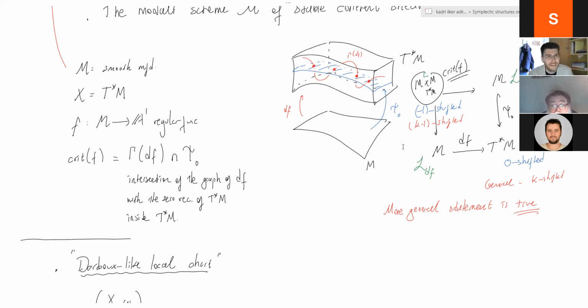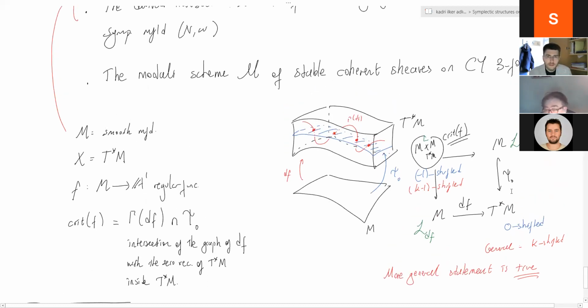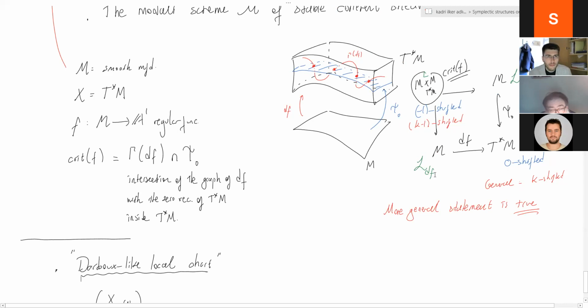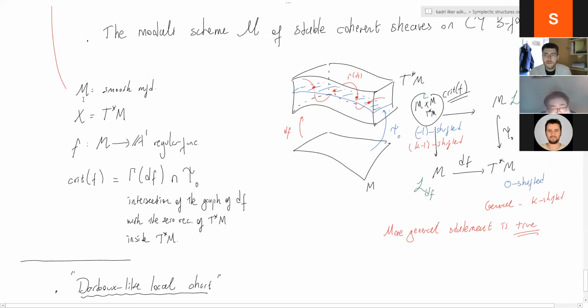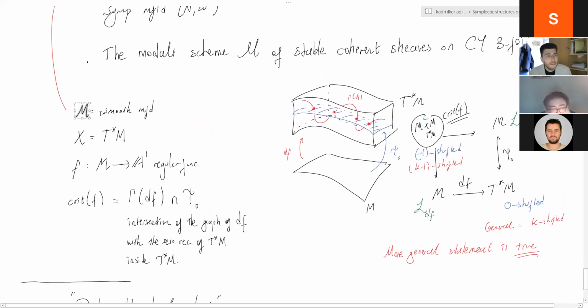But in the last one, this is true regardless of even dimensions, right? This is still a symplectic manifold. Yes, still symplectic. Any smooth manifold? M is any smooth manifold, but the cotangent bundle is a symplectic manifold. And by the definition, this is the zero shifted symplectic space.